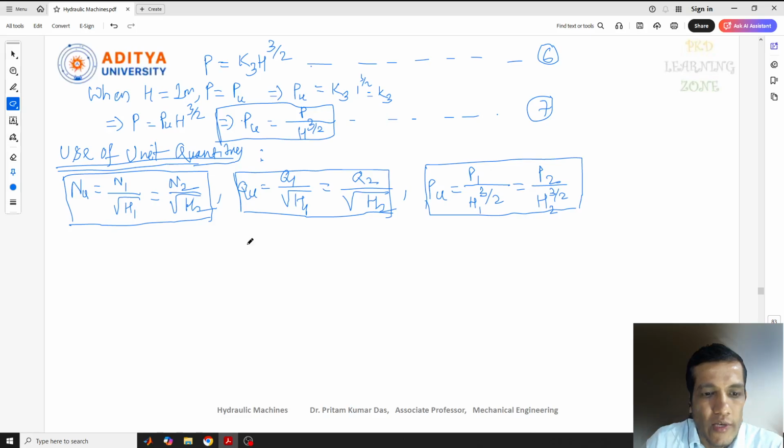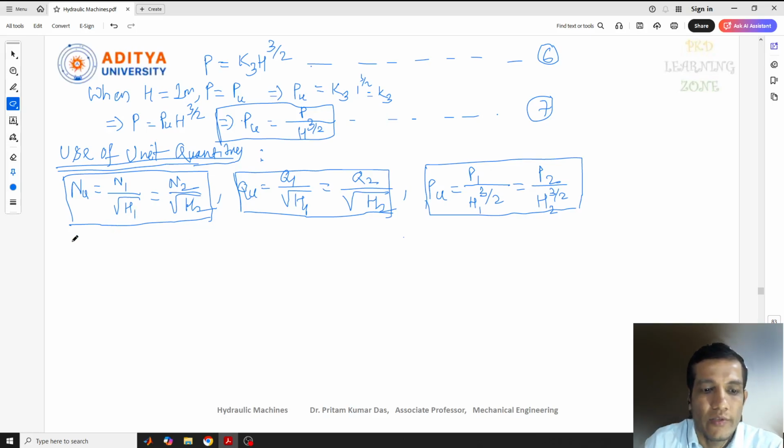By using this relation, the speed, discharge and power can be calculated for the same turbine under different heads. Here H1, here H2, and again we can go for H3. The turbine will be the same, but different heads can be taken and calculated.